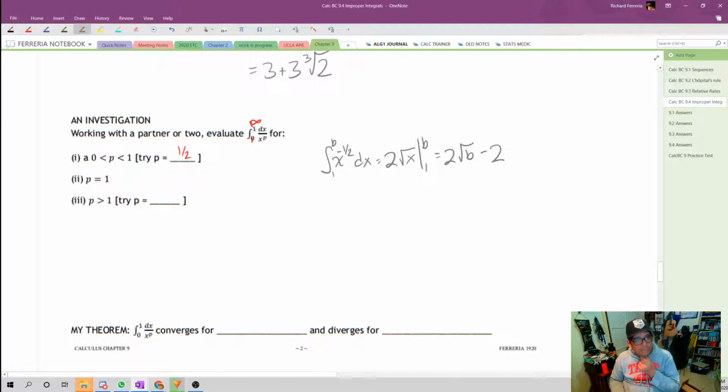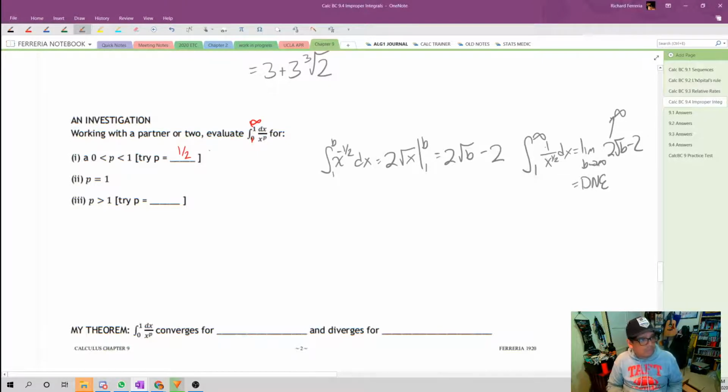Now let's apply our limits, and we can say the integral from 1 to infinity of, let's write that as a quotient again, 1 over x to the 1/2 dx. That's going to be equal to the limit as b approaches infinity of 2 root b minus 2. Now, of course, 2 root b is going to go to infinity, so this does not exist.